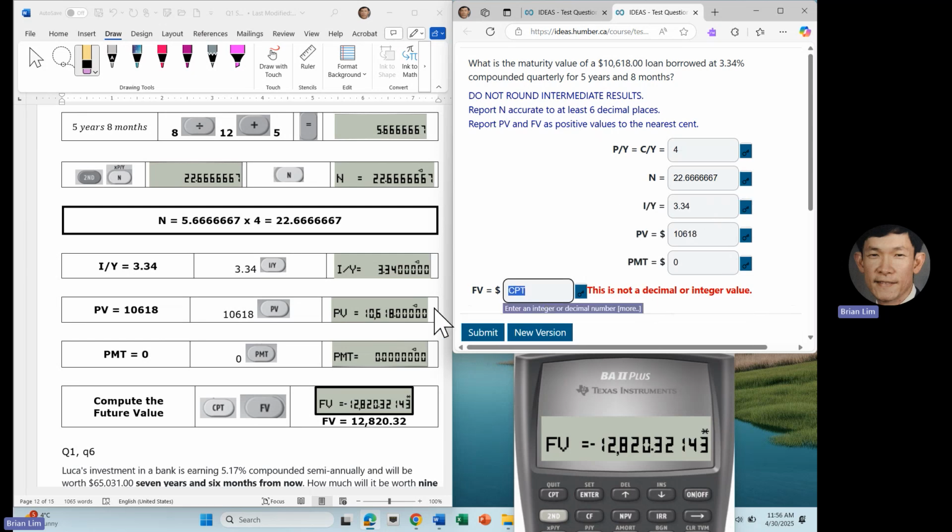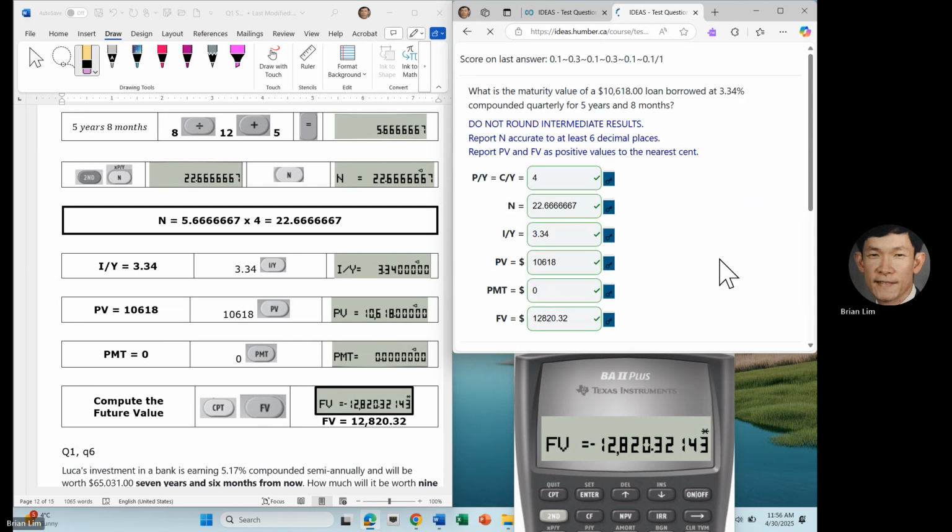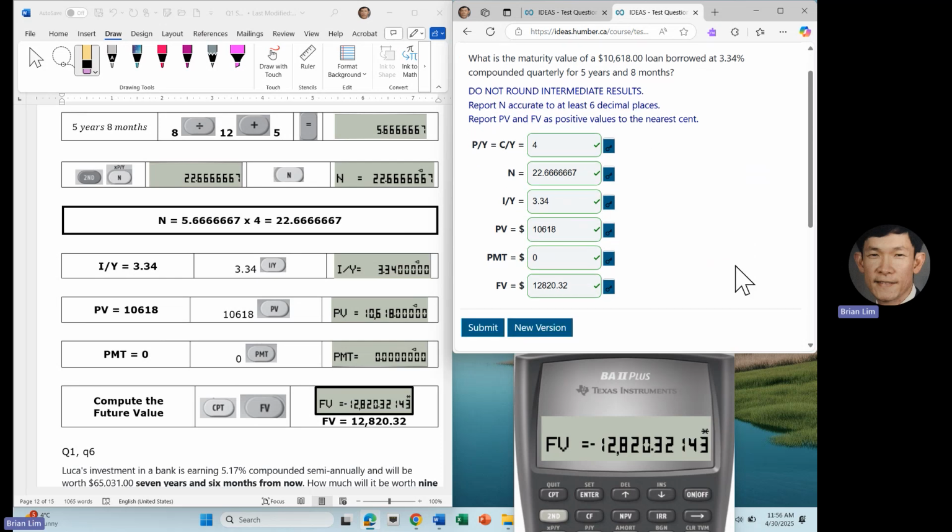And for this answer here, I will replace the CPT with 12820.32. Let us submit and see what happens. And all green check marks, all is well. And that is the end of that question.